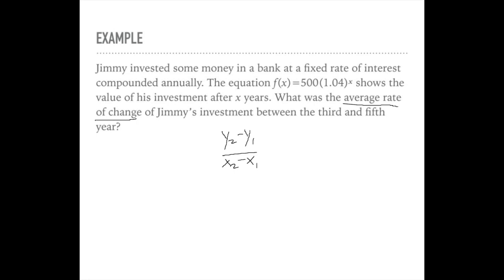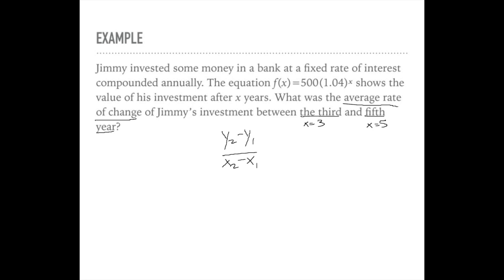We don't have a table or a graph, so we have to find them. The x values we're told are the third and the fifth year. That's fancy language for: if x is 3 and x is 5, what are the respective y values?